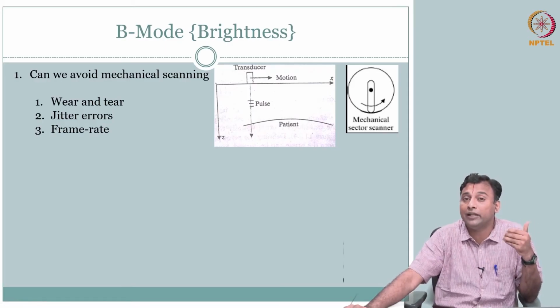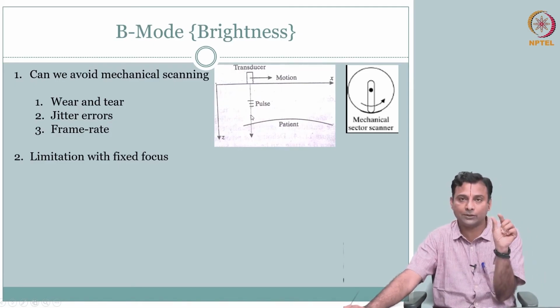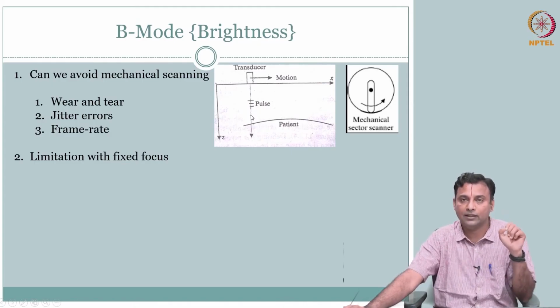Is there anything to do with the image quality that we are limited by operating it this way? Well, we talked about focusing. What is the problem? Focusing was good. We could get our lateral width as small as possible at the focus.